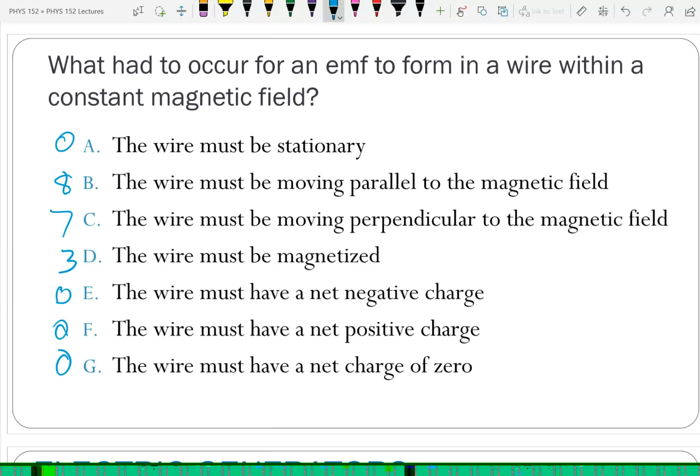So once again, talk to your neighbors about which one should be the correct answer here. Okay, go ahead and answer again.